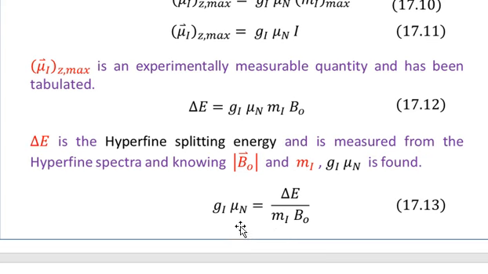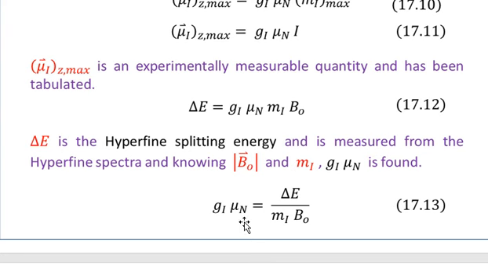So you see that in equation number 13, it is obvious you can determine the value of Gi and mu n from the hyperfine structure splitting energy. If you have the hyperfine splitting spectra, you can easily determine from those spectra the value of delta E and delta Mi, and if the external magnetic field B naught is known, you can determine the value of Gi and mu n.